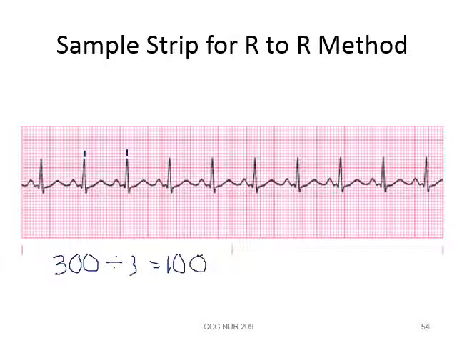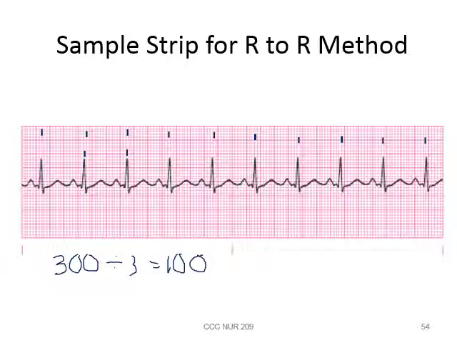Now, what if we use our 6-second strip, counting the number of complexes? So let's look. We have 1, 2, 3, 4, 5, 6, 7, 8, 9, 10.